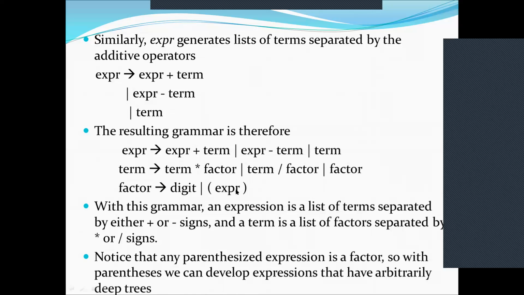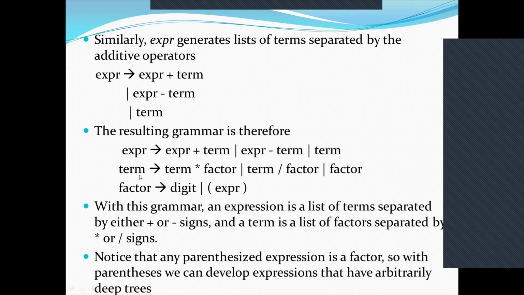So now you understand how the production can be generated or how the parse tree can be generated. If any value is given, that will be first considered as a factor. And if that is a factor, then putting the factor into this form, first the term will be generated.